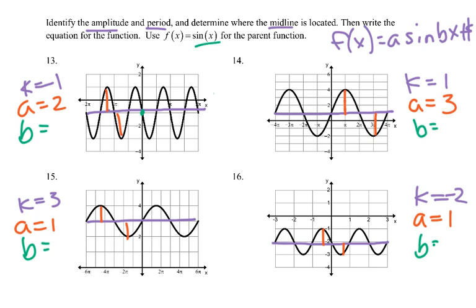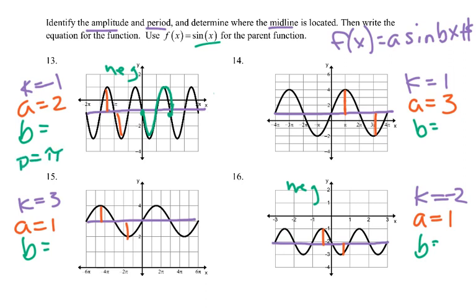Normally we go up and then down, so this one's going to have a negative out front, because it's flipped. Same with this one. But we go down, see how far it takes us to get there. So this one has a period of pi.